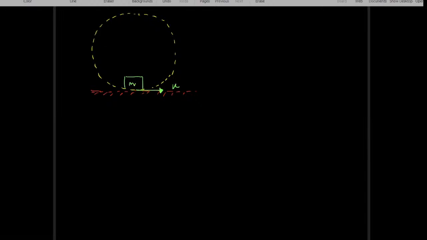See, if I take a vertical track like this, and this is the level ground, we're also assuming that from here a block of mass m is projected with speed u, and two points I'm taking as I have taken yesterday also.